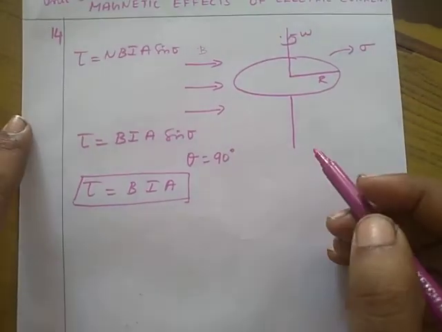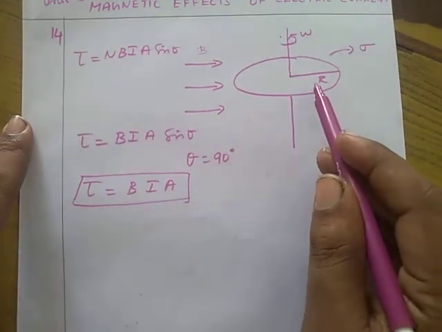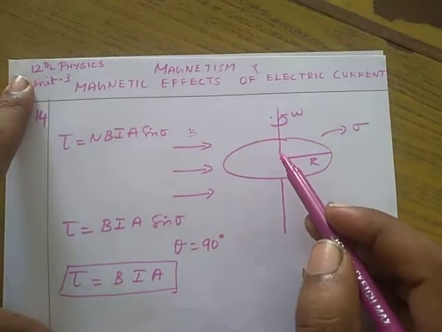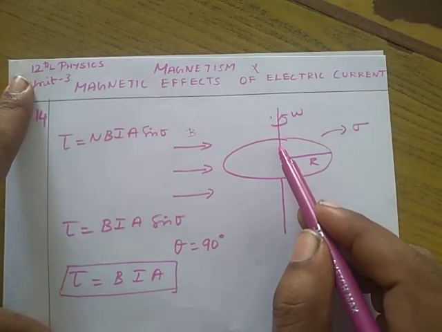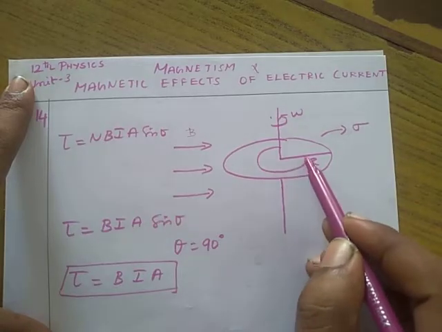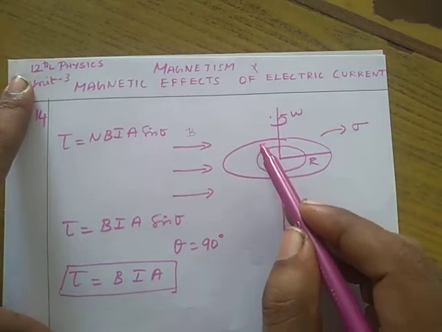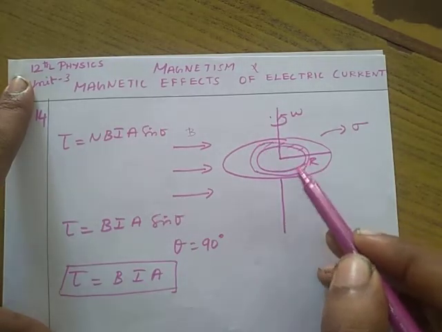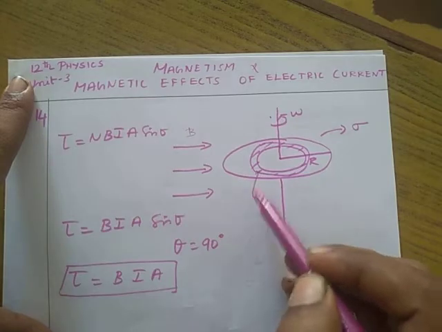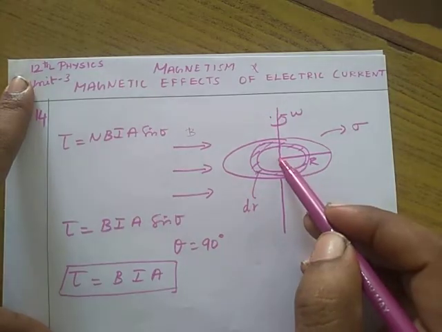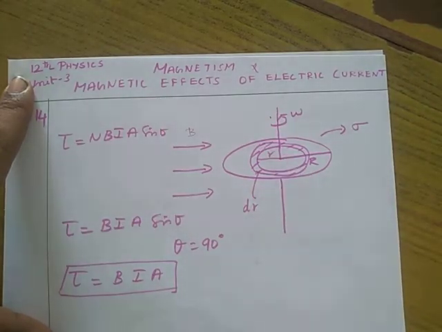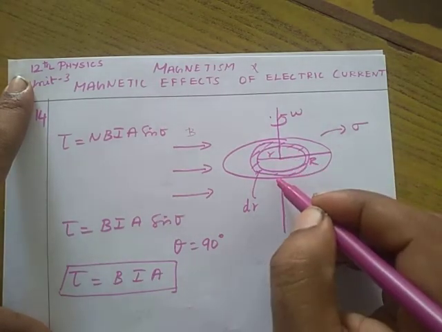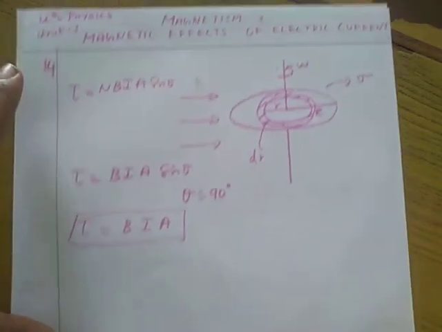In order to find the entire torque experienced by this dielectric disc, I consider a small circular segment like this, having thickness dr. The thickness of this one is dr and the radius is r. For this segment I consider a torque.